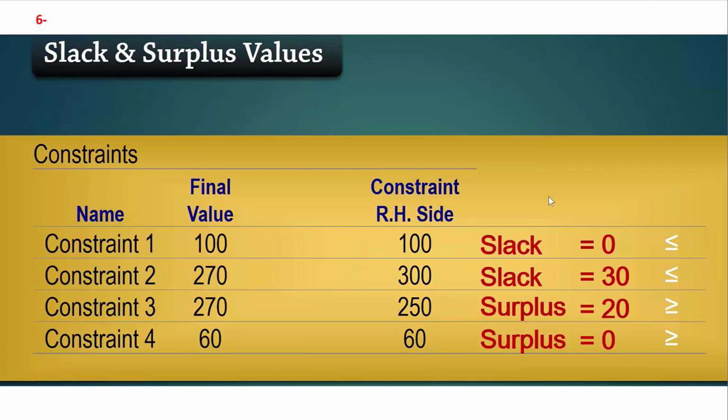But how do we know whether this is slack or surplus? If the constraint is less than or equal, the difference represents slack. If the constraint is greater than or equal, the difference represents the surplus.